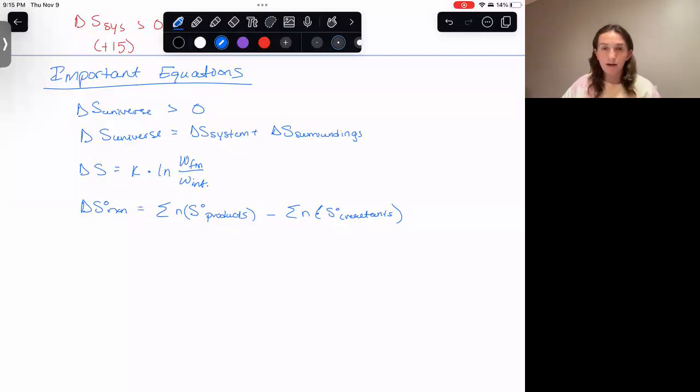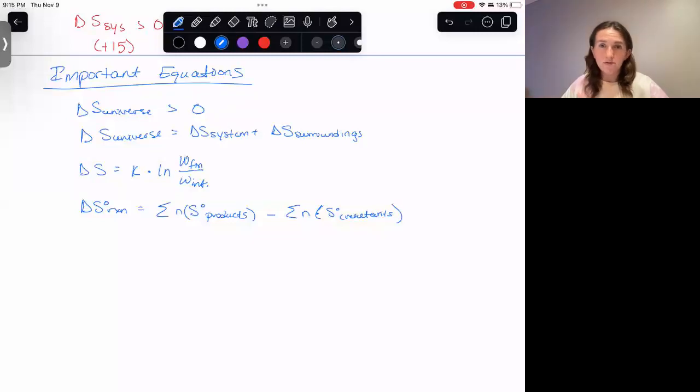This is the same way you find delta H and delta G if you're given standard enthalpies, entropies, and delta Gs. It is always products minus reactants, the sum of the products times their coefficients minus the sum of the reactants times their coefficients.